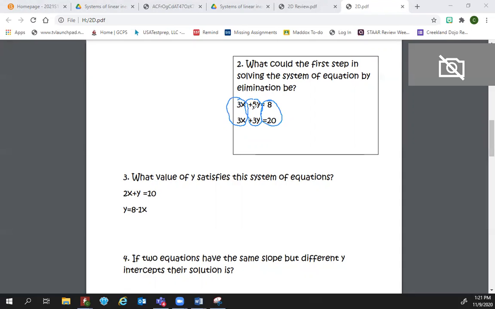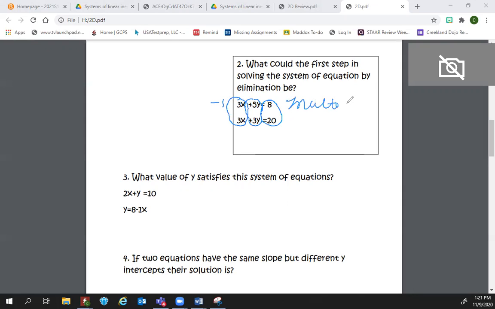But do we have the same number and variable for the y's? No. What about the x's? Yes, but what has to be different? They're both positives. They have to be the same, but one has to be negative. So what could the first step in solving the system be? Multiply by what?